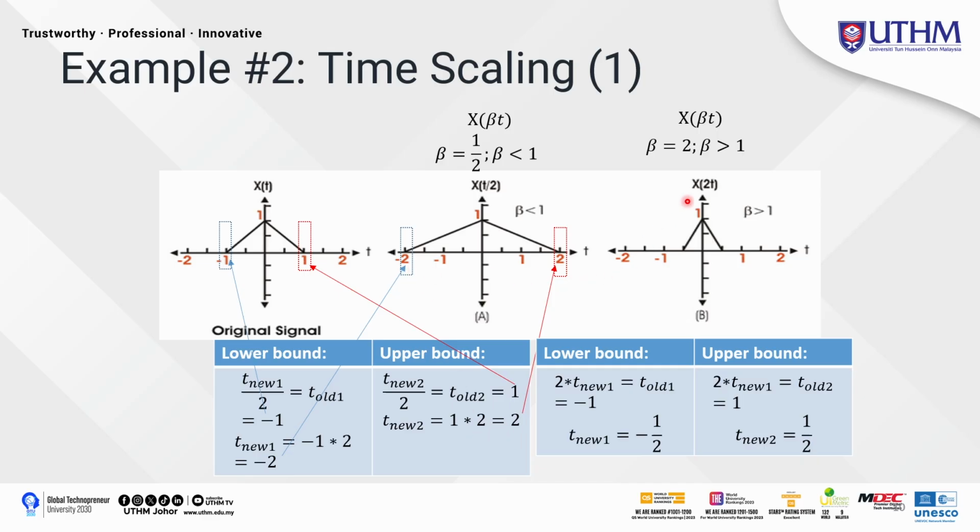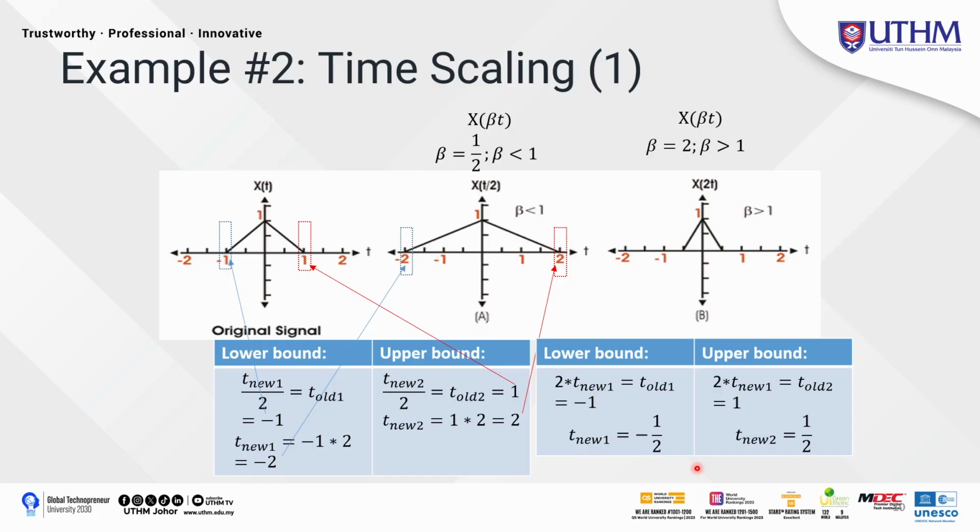Another example, if the question is x(2t), I need to find the new lower bound and upper bound. Again, for the lower bound, the expression is 2t, equal to the original old location, which is -1.